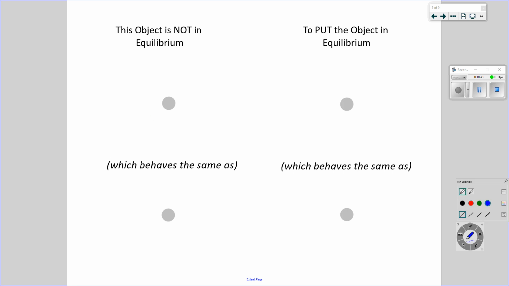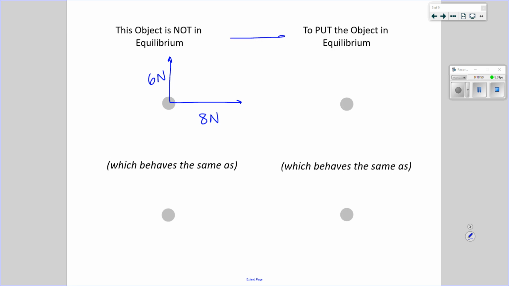You'll recognize this, some of you. Let's say there was an object with a force acting on it this way of 8 newtons and a force acting on it this way of 6 newtons. Well, guess what that behaves the same as? It behaves the same as if we took those 2 forces, 8 and 6, and added them tip to tail. Well, here's the net force.